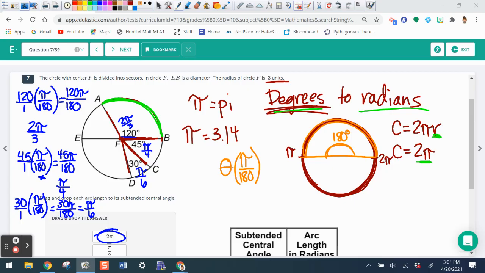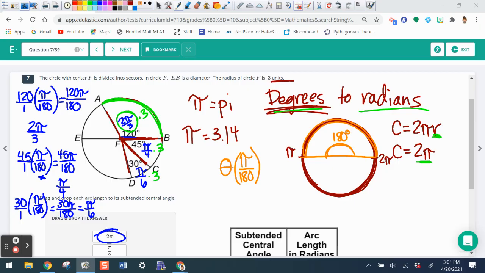So if the radius is 3 units, to find the arc length, we're going to take the measure of the angle in radians and multiply it by the radius. So we're going to multiply this by 3, this by 3, and this by 3.